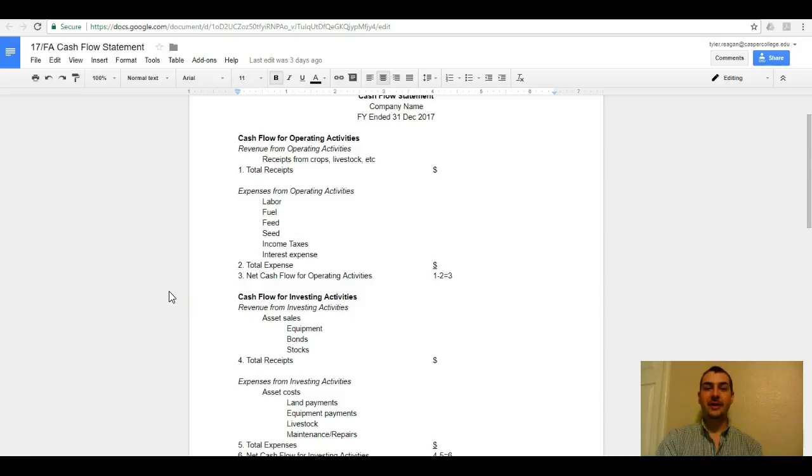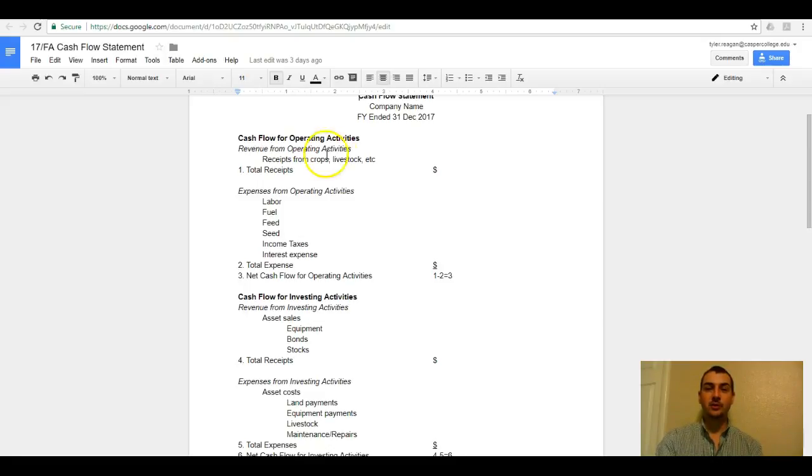When we're talking about operating activities, we're talking about the cash expenses and the cash receipts associated with normal operational activities of the firm. If this is, say, a farm or ranch, the normal operating enterprises might be something like crops or livestock or anything of that nature.